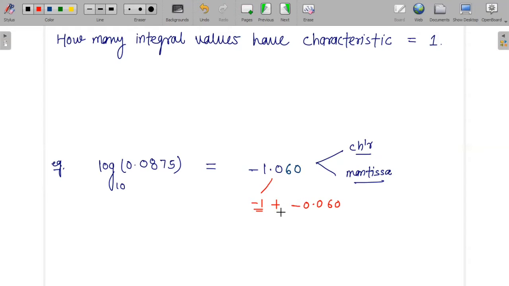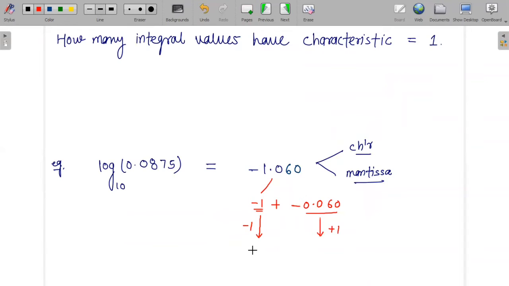Why? Because if you choose negative 1 as your characteristic, then it will make the mantissa negative, which is a violation of the definition. So what you need to do is add 1 and subtract 1 simultaneously, or find another way to represent that negative number.